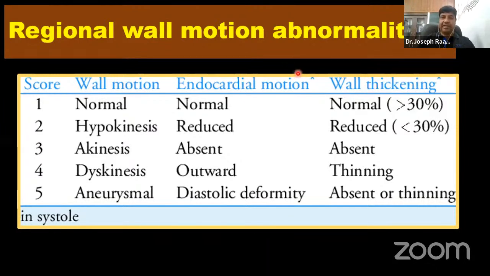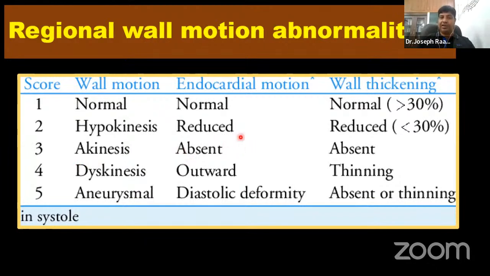In case there is any abnormality, if the movement is not as we expect, one particular segment is not moving, or the wall is not getting thickened during systole, then it's called hypokinesis. Then akinesis is, as the name implies, there is no movement of that particular segment, and the thickening of the wall is not happening. The dyskinesis is totally different.